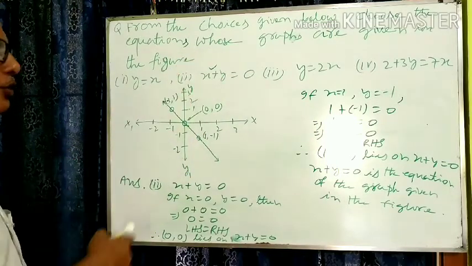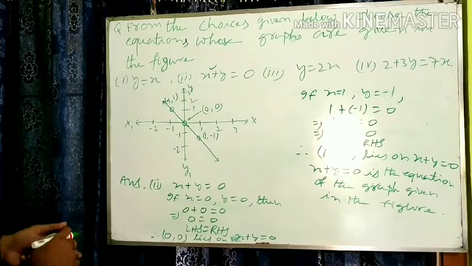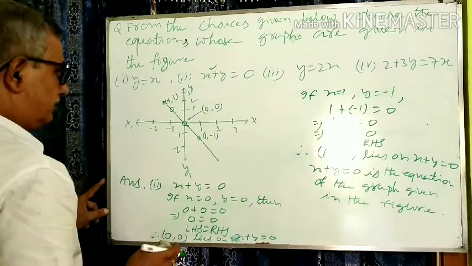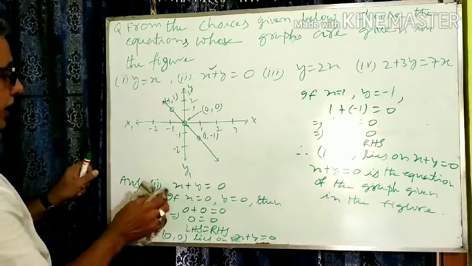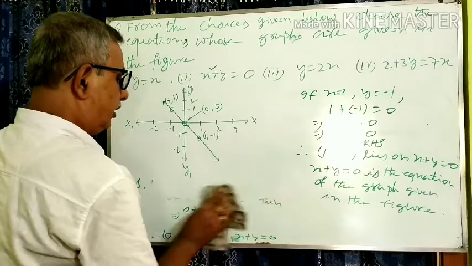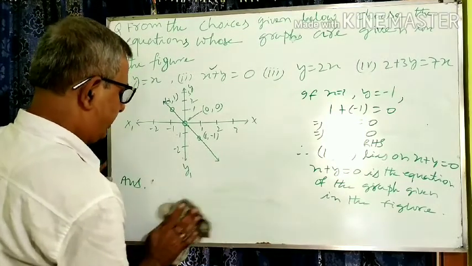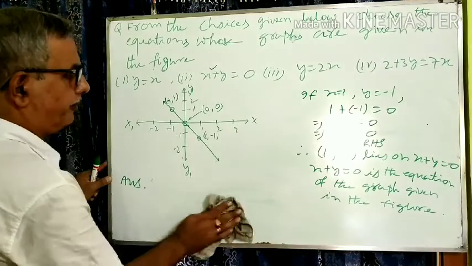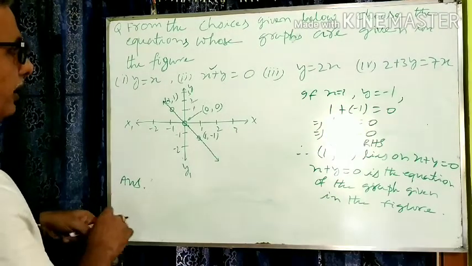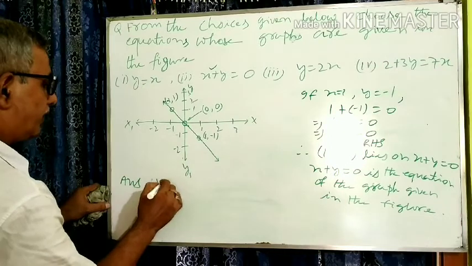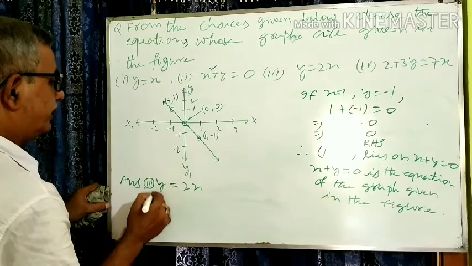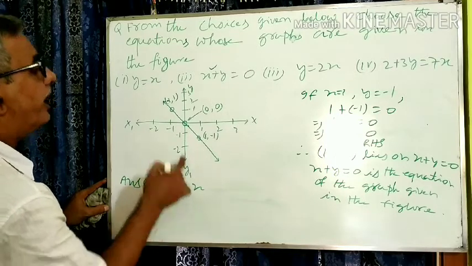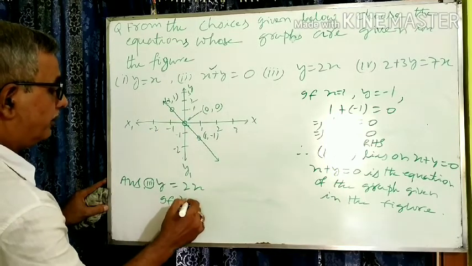Now then also you have to test this third one also. My dear students, you start the third one in the same pattern as I am doing here. Third one is what? Y is equal to 2x. Here you see, if x is equal to 0, y is equal to 0.